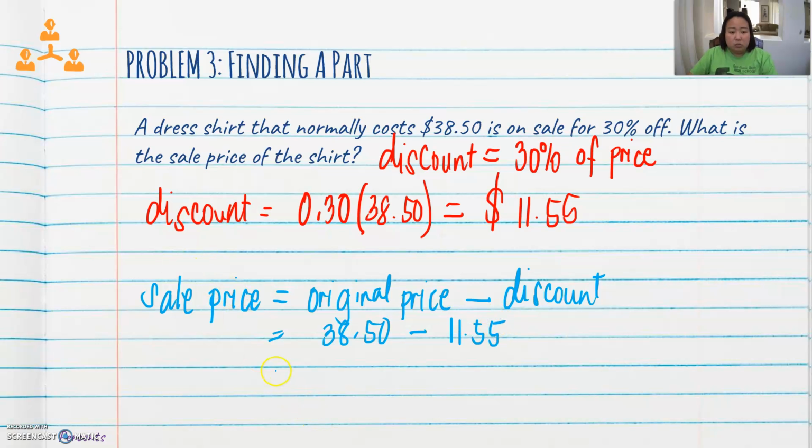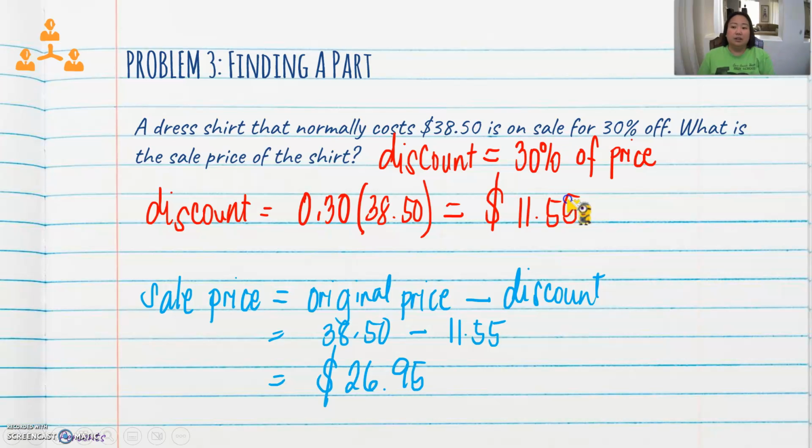And therefore, the new sale price of this shirt is going to be $26.95. Okay? A lot of people make the mistake of thinking that the sale price is $11.55. It is not, okay?